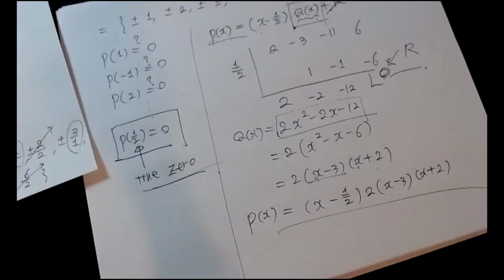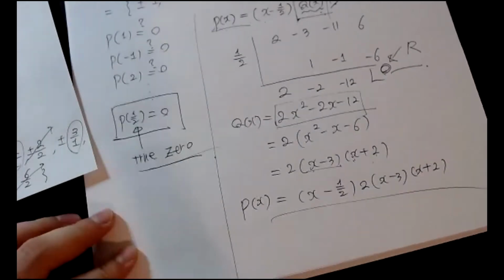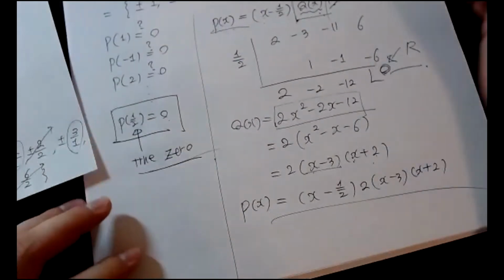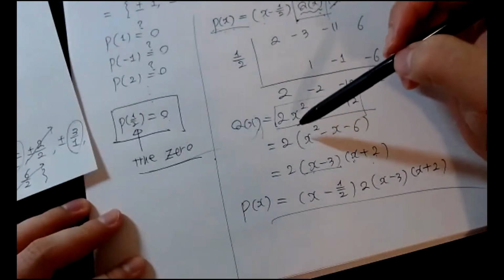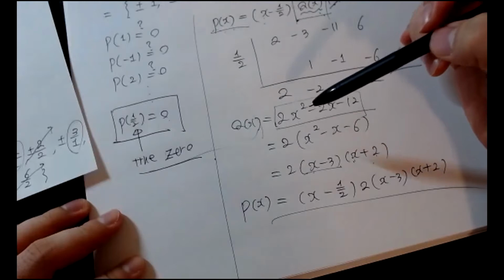In this function, all three zeros of p of x are real numbers. That one doesn't have an imaginary zero. Keep in mind this process. But one more thing: what if q of x is not a quadratic function, maybe a cubic function or a fourth degree polynomial?